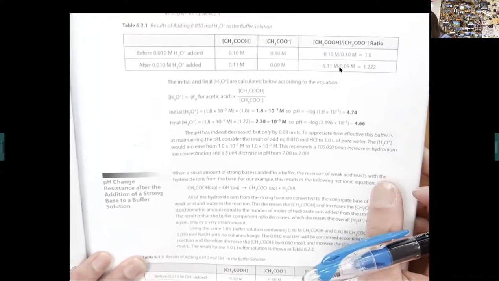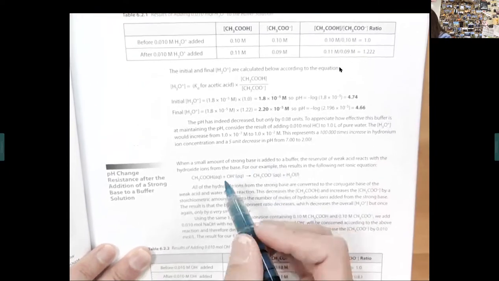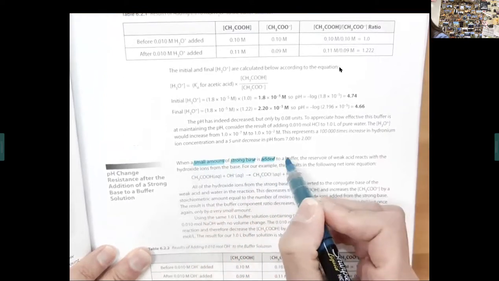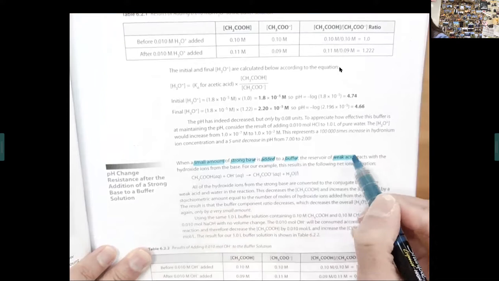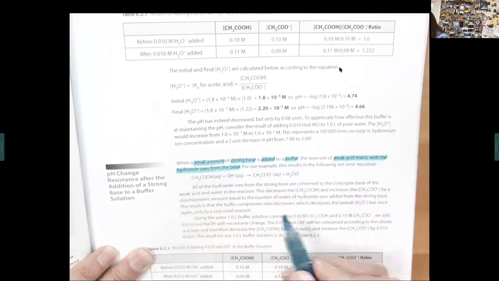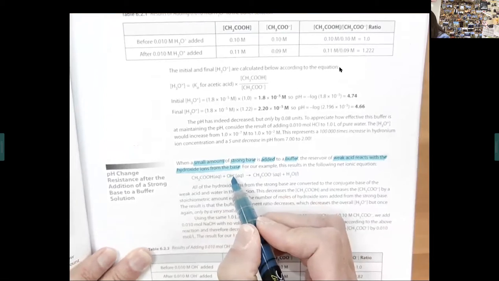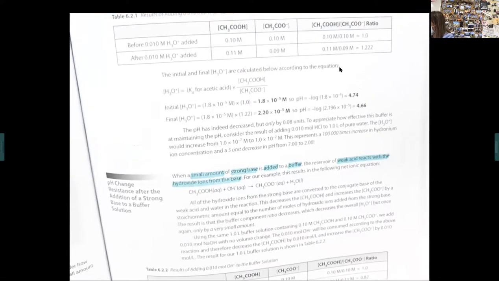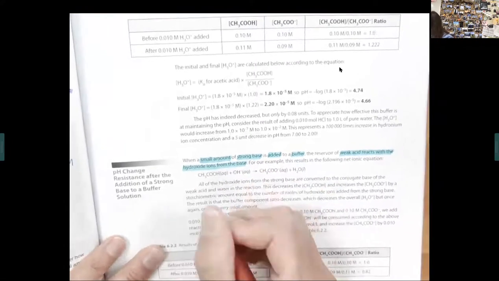a strong base to a buffer solution. Okay, so for here, when a small amount of a strong base is added to a buffer, the weak acid reacts with the hydroxide ions from the base. So here we've got our hydroxides reacting with this weak acid. Just gonna make a note here.